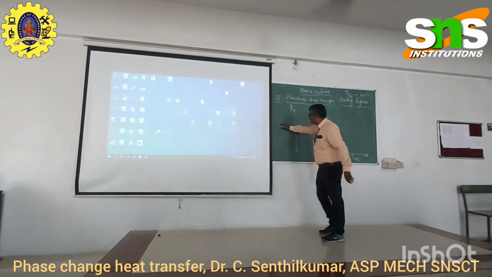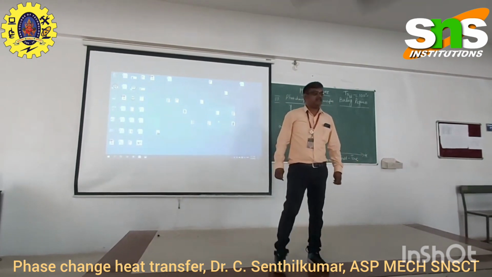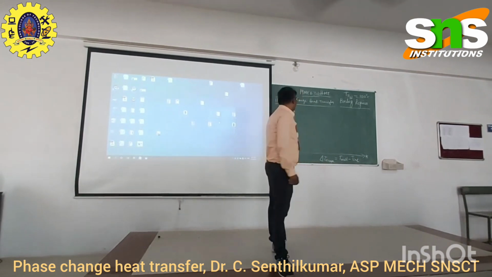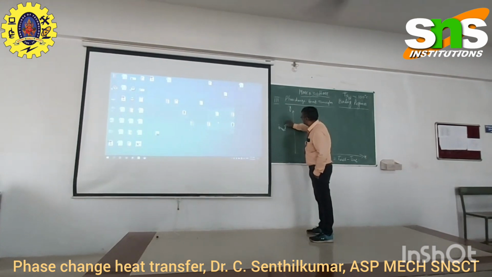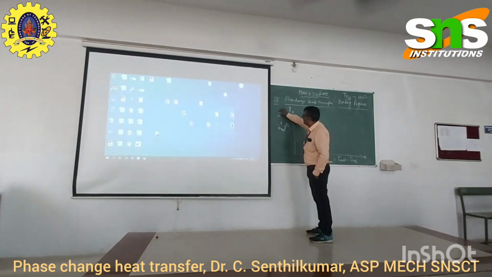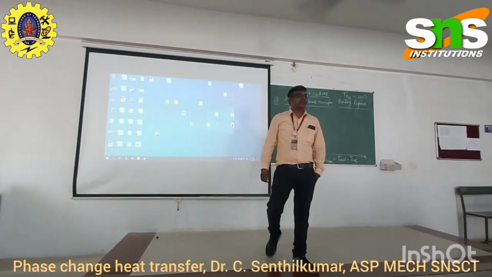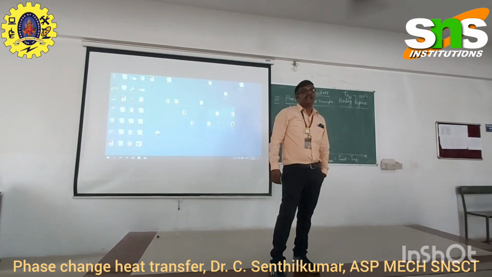Here you all know what is meant by Q dot. Q dot is nothing but heat flux, the heat flux of boiling. It is in watts per meter square. What is meant by watts? Heat transfer, right? Q is heat transfer, that is watts.